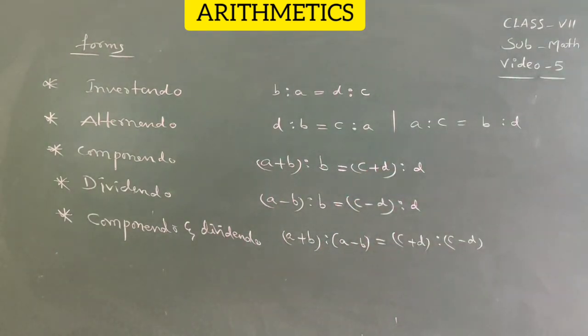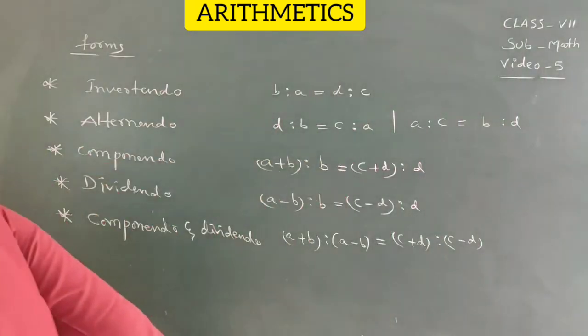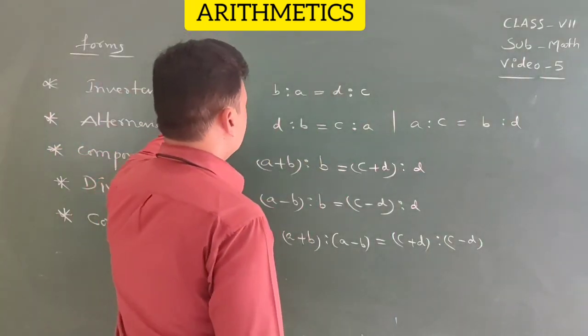Okay, these are the important forms of proportion: invertendo, alternando, componendo, dividendo, componendo and dividendo. If you want, for PQRS also you can write.